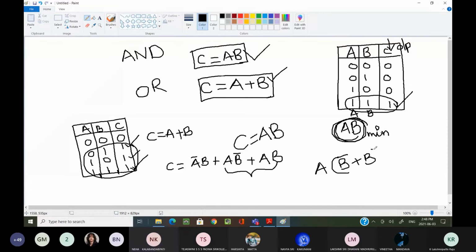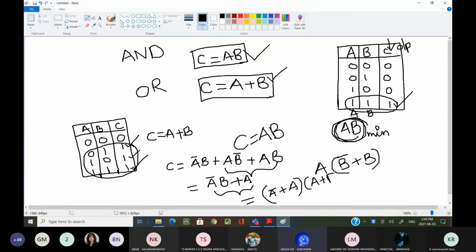Am I correct? Yes, sir. Now what I am getting here is A bar B plus A. Now I can write this using the distributive law, plus is distributed over dot: A bar plus A, into A plus B. Yes, sir.